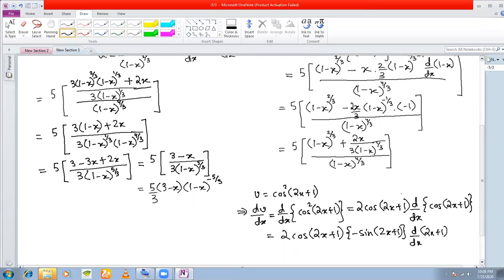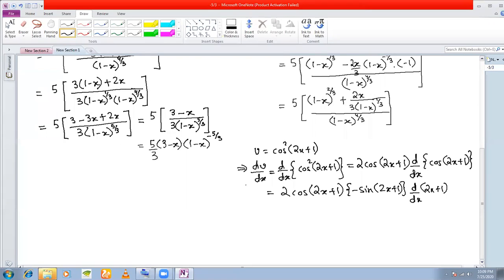So the next step would be 2 cos (2x plus 1). Let's give a minus sign here: sine (2x plus 1), and d dx of 2x plus 1 is simply 2, right? Let me not multiply the 2 now, I will multiply a little later.